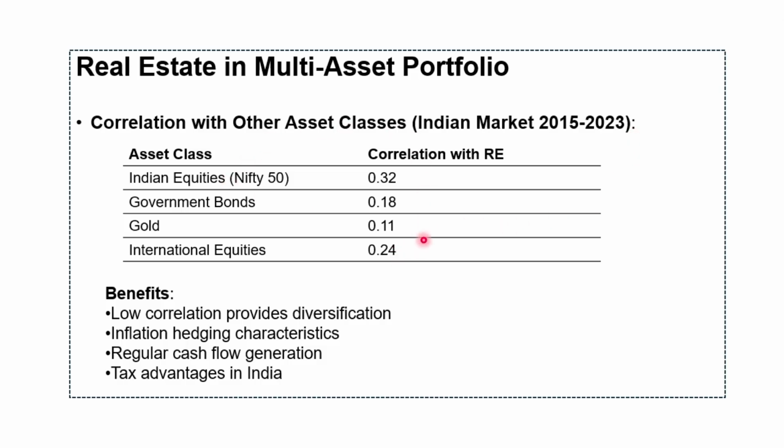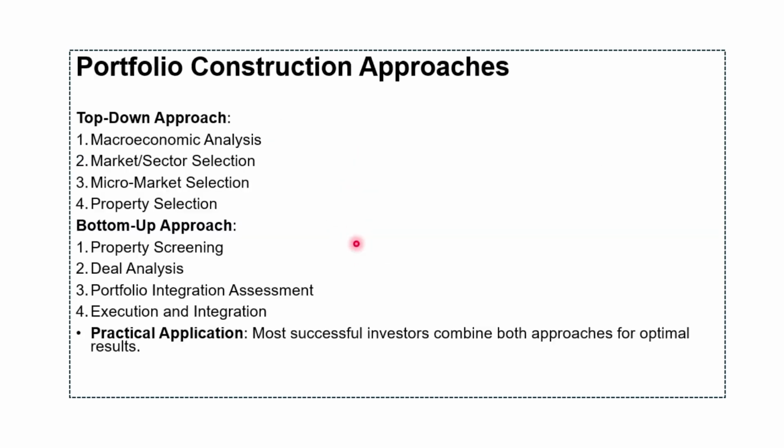This can change, but it may be a reflection of what kind of correlation we can see with real estate. And you will see that generally it is low for all of them, and for gold it is very, very small. So this kind of correlation will help you identify those asset classes which you can add along with real estate.